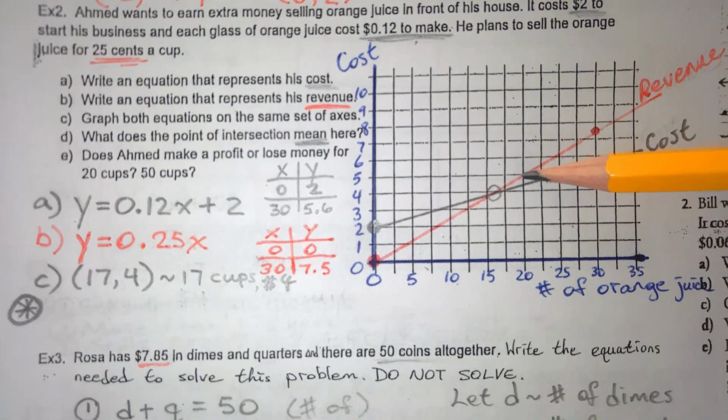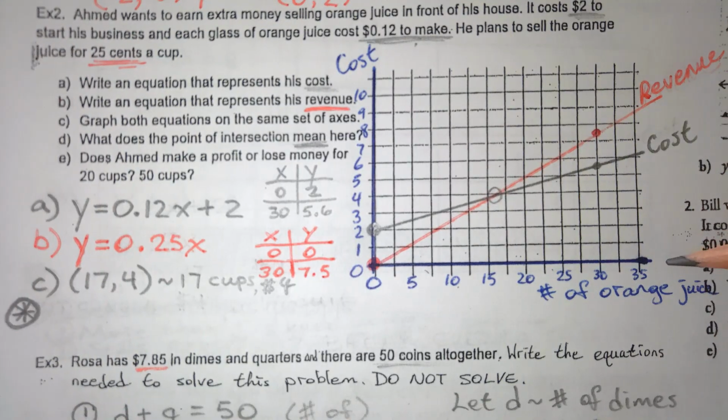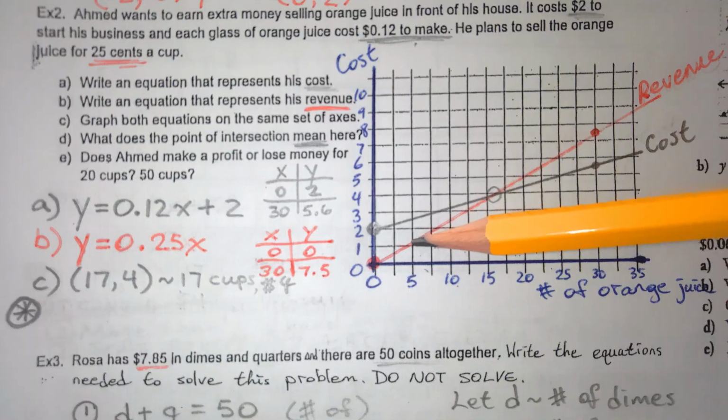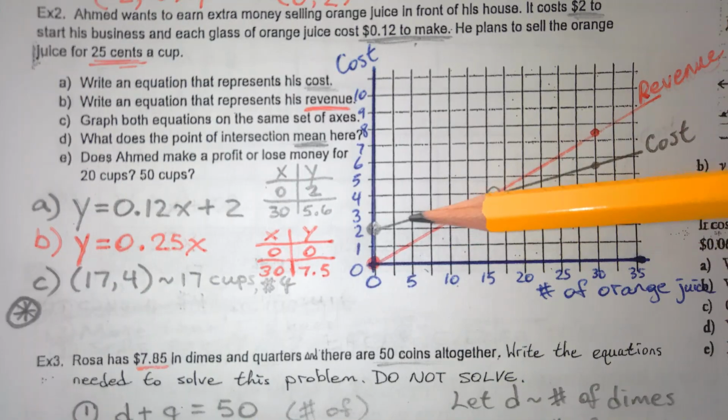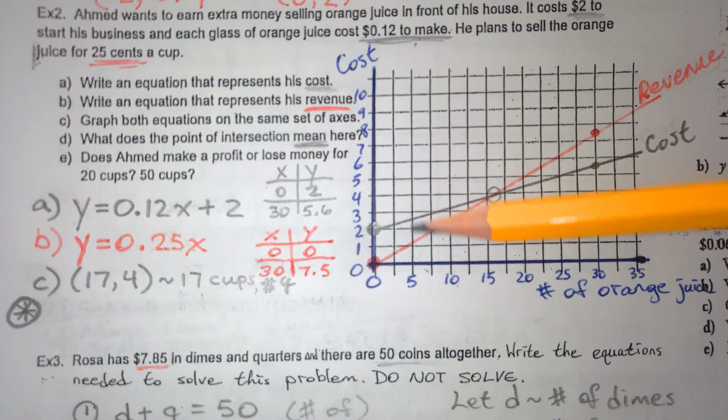Because revenue is higher than cost. What if I put a lot of sugar in it and I can sell 50 cups? Making even more, right? Because your revenue line is much higher than your cost. What if it tastes really sour and the oranges are really bad and I was only able to sell 5 cups? Yeah, so your cost is higher than your revenue. So then you're losing money.